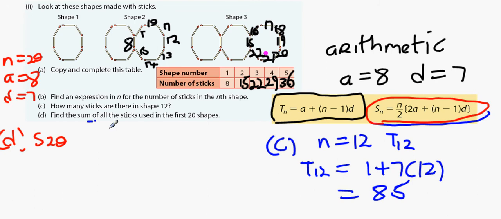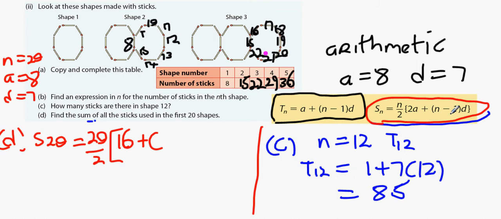So S20 is going to be 20 over 2 times 2A. 2 multiplied by A is 16, plus n minus 1 times D. n minus 1 is basically 20 minus 1, which is 19. It's going to be 19 multiplied by the difference, which is 7.